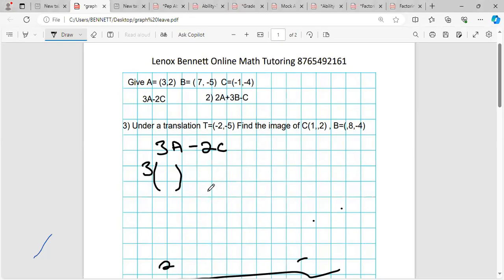Your C now would be -1, -4. Some persons add +4 here, so that's gonna throw off the answer. 3 times 3 is 9, 3 times 2 is 6. Expand your bracket. Same thing for this one, right? 2 times that, that's -2, and then -8.